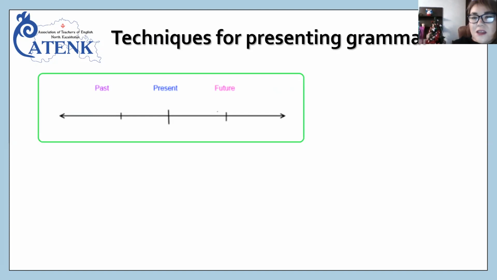because it visually helps your students to understand this complicated English grammar. For example, especially in times with past or with any grammar in English, it could be helpful for your students to see it visually.